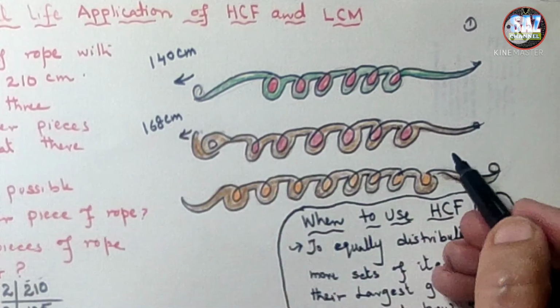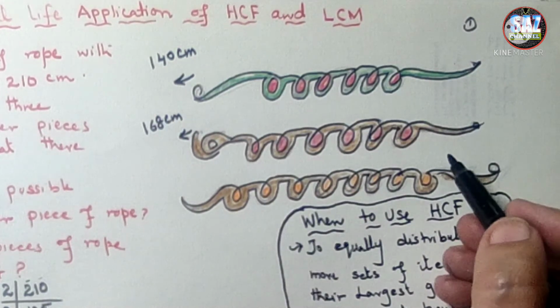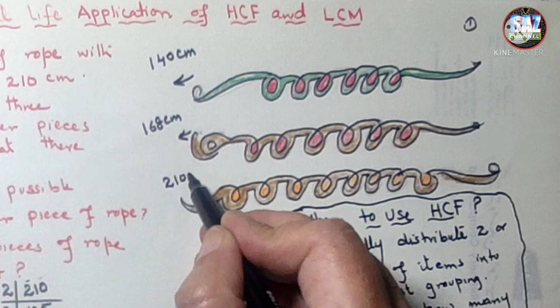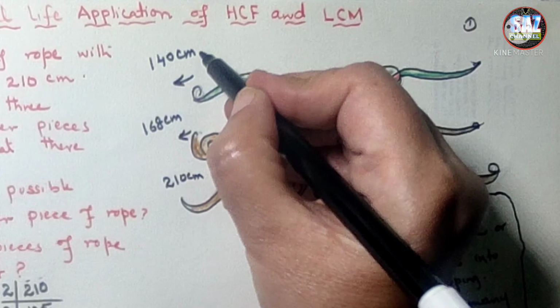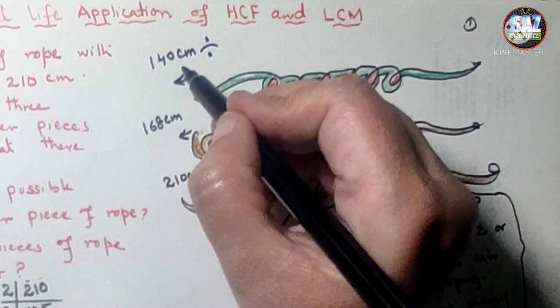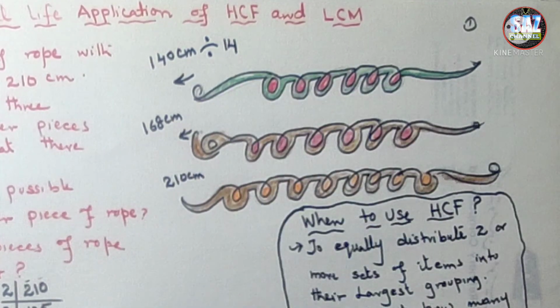We have to see how many small and complete pieces of the rope of 14 centimeter we can get, and same for 210 centimeter. It means we have to divide the length of each rope by the HCF, divided by 14, and we will get the answer.